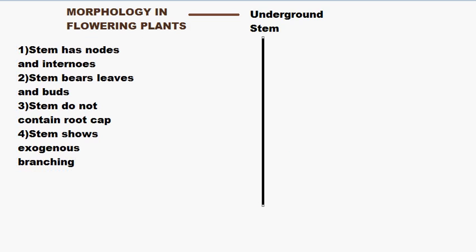The first one is the sucker. Next is the rhizome. The next one is the corm.